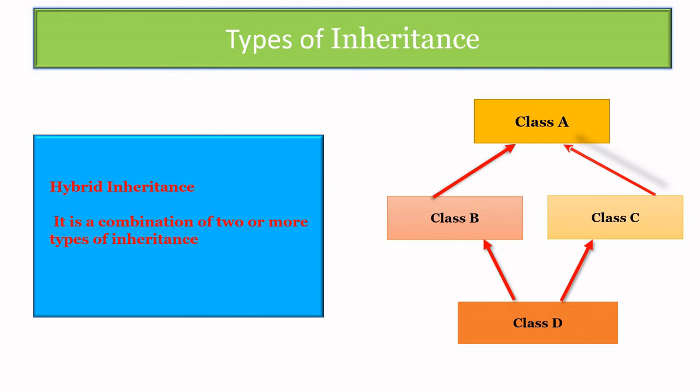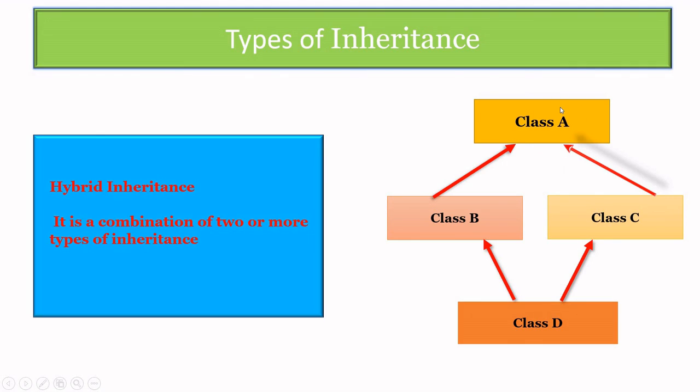But the point here is Java does not support multiple inheritance, but with the help of interfaces you can implement multiple inheritance also. So what is meant by multiple inheritance? For class D, class B is a parent and class C is a parent. So class D inherits the properties of class B and class C. In this analogy, this type of inheritance is called multiple inheritance.